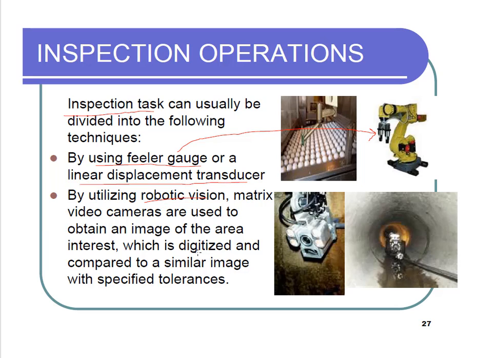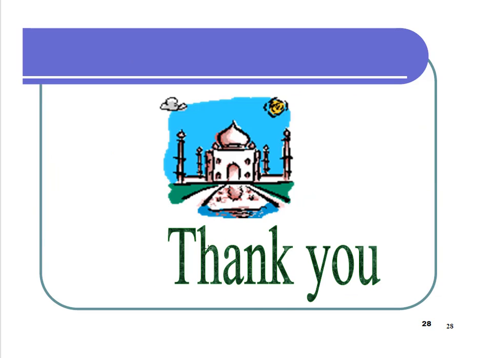Or other than that, you can use the vision camera to ensure that the part is picked and placed at the correct location on a PCB, for example, using surface mount technology. So basically, the inspection operation is very straightforward, and it is not so complex for an industrial robot. So guys, this is the last slide of the application of the robot.